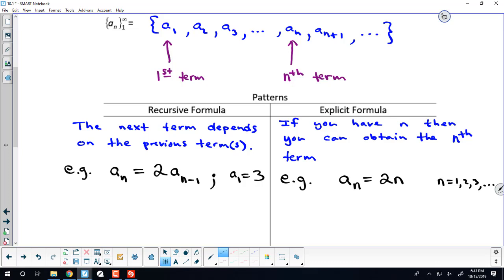So recursively, we see that the nth term is just twice the n minus 1 term, or the next term is twice the previous term.